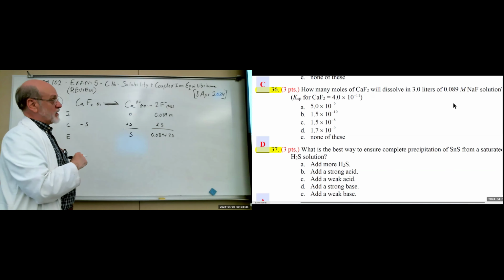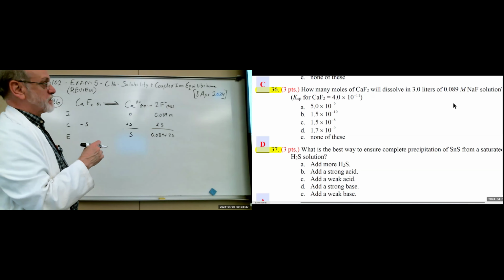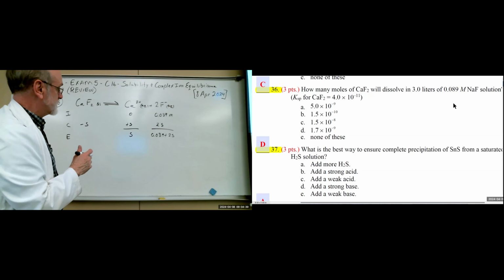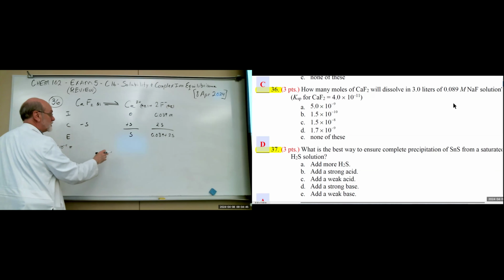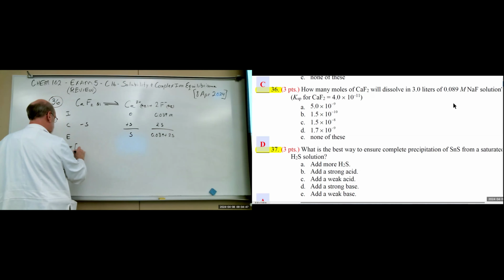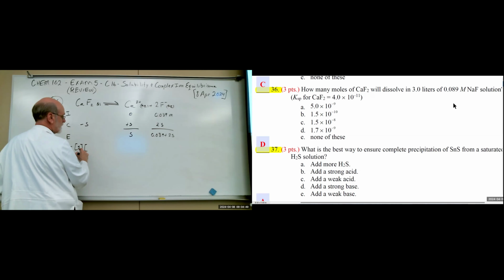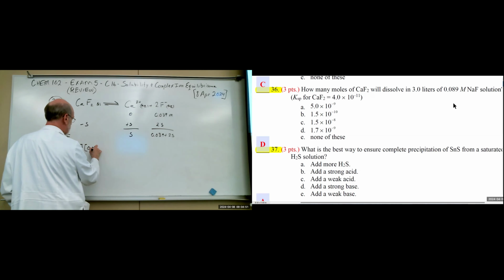All right, so KSP, which is the same no matter what the solution is, that's a constant, 4 times 10 to the minus 11 is equal to S times 0.089 plus 2S squared.